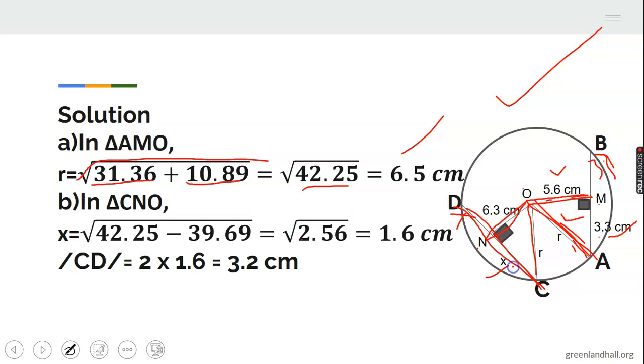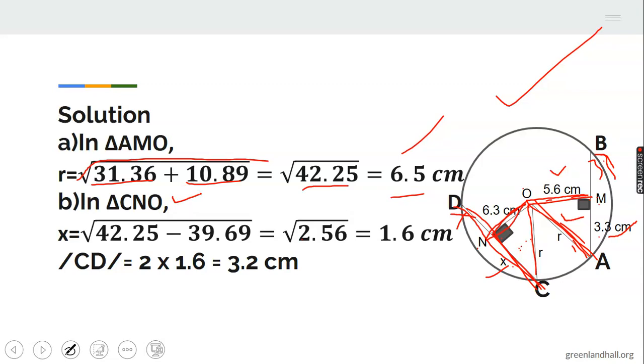To get this x here, this is a right angle triangle. We have calculated the radius to be 6.5. The radius is the hypotenuse in triangle CNO.